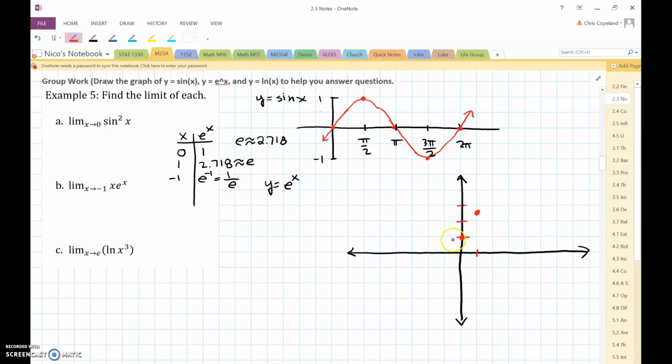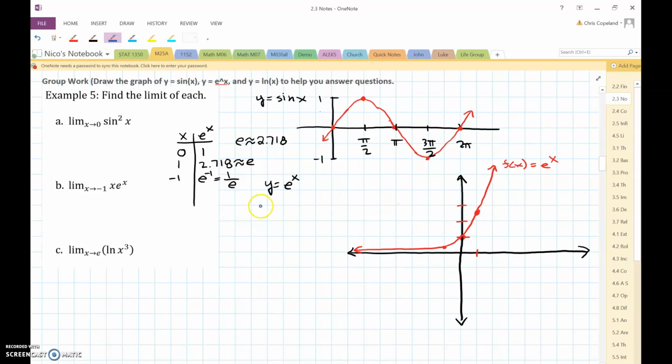So that's going to be a decimal, so it's going to go this way. So if we kept plotting points, the graph of this function is an exponential function, which would look like this. Should be familiar. Now let's call this f of x. F of x equals e to the x.